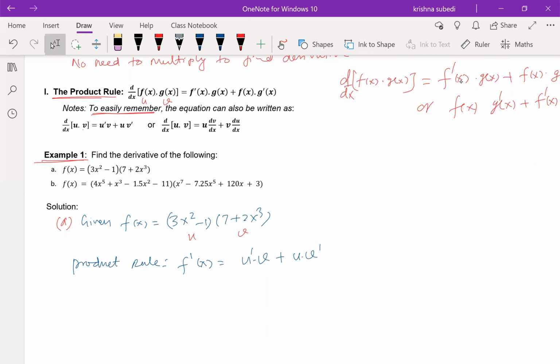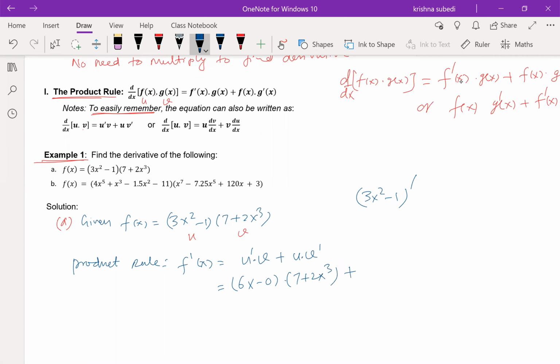So we need to find the derivative of 3x squared minus 1. I think you can tell me what that is. You know that it will be 6x minus 0. The derivative of 3x squared is 6x, the derivative of 1 is 0, and copy v as it is, because v does not have a derivative here: 7 plus 2x cubed.